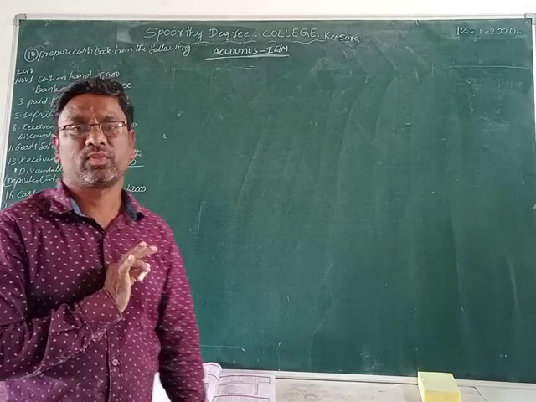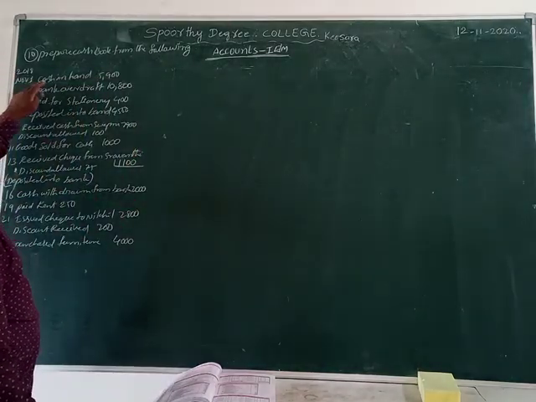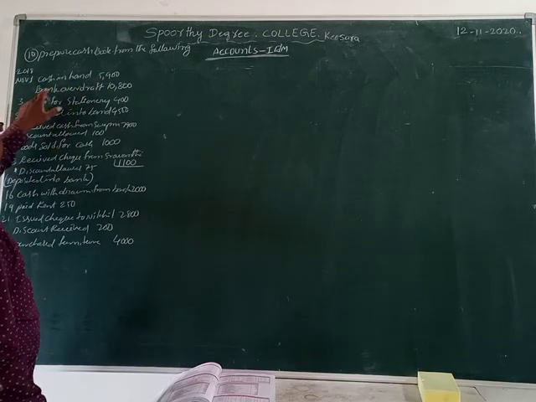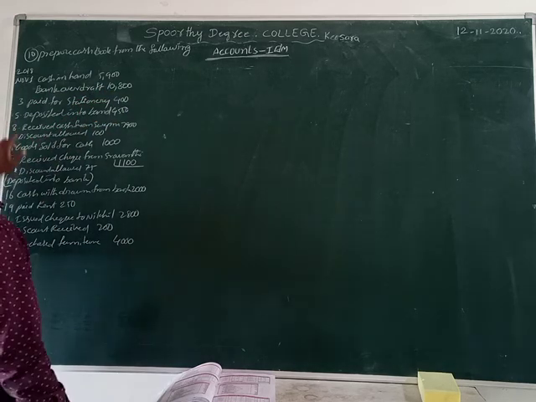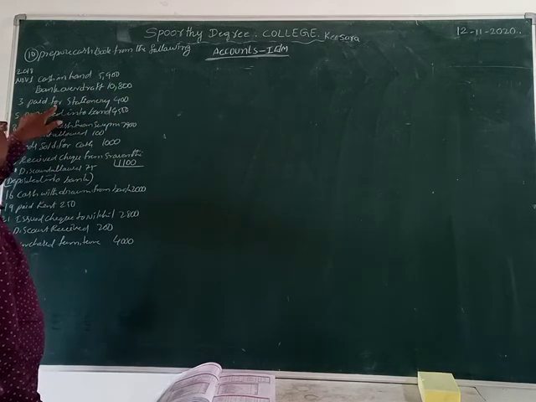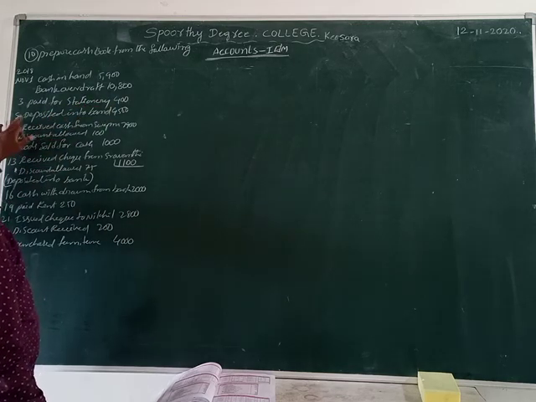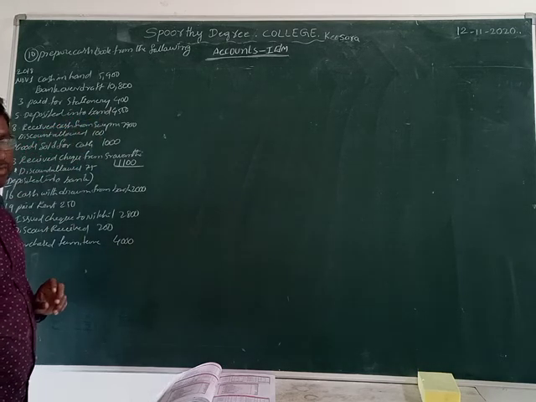Clearly listen to me. Okay, now let us see, 2018 November 1st: cash in hand 5,900, bank overdraft 10,800. Next, third date, paid for stationery 400 rupees. Fifth date, deposited into bank 4,500.